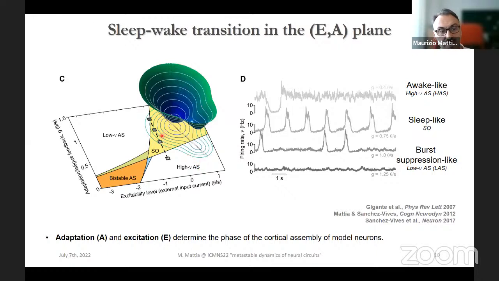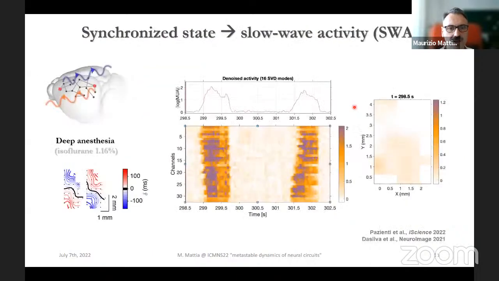For instance, simply by changing the strength of adaptation in this bifurcation diagram, you can describe how you move from a burst suppression-like regime, in which the activity is almost silent, and then as you reduce adaptation you start to see these sparse-in-time upstates, then regular slow oscillation when the adaptation is weaker again, until you cross the border to this transition and this state, which is reminiscent of the awake-like desynchronized state. So this is a very simple picture that captures all the richness offered by this state.